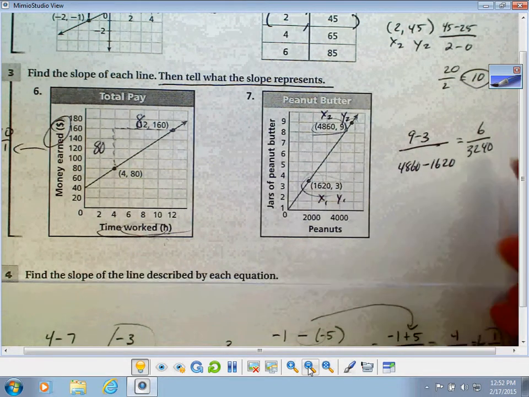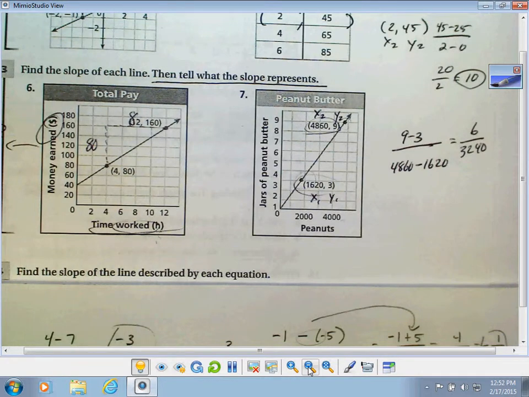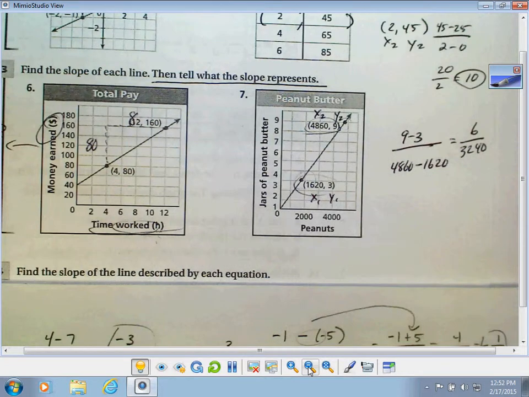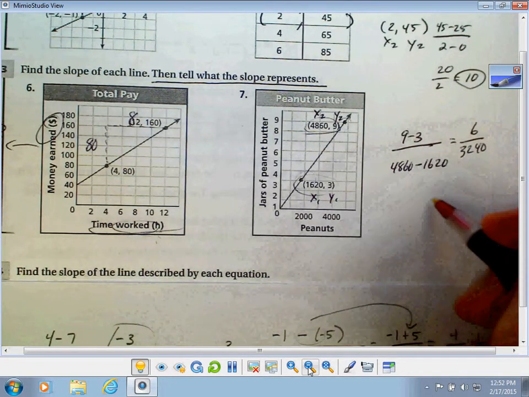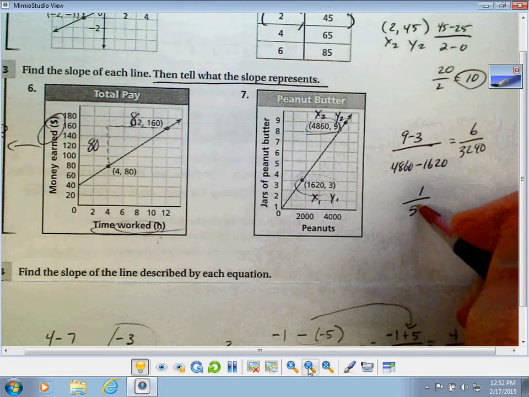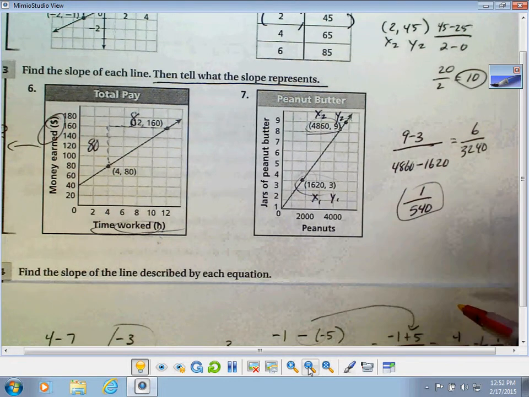See if maybe 6 divides evenly into 3,240 and try to reduce that down. So it looks like 6 goes into each one of these numbers. It goes into the top number once, and then the bottom number 540 times. So the slope is 1 over 540.